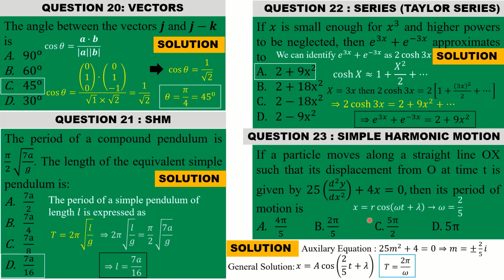So comparing x equals a cos of omega t plus lambda means omega is equal to 2 over 5, as you can see. So it therefore means that our period is equal to 2 pi divided by 2 over 5, which is the same as 2 pi times 5 over 2, which is giving us 5 pi. So the correct answer is option D.